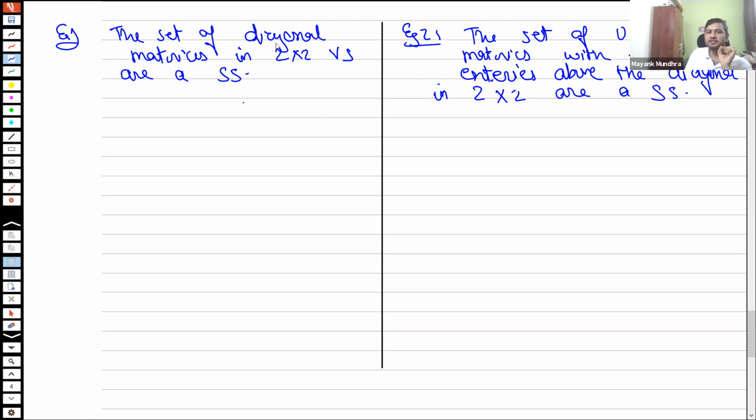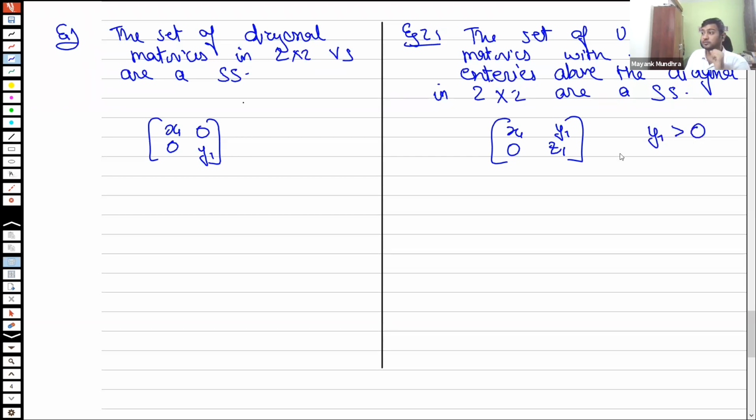Okay, so in the first example, you just have the set of diagonal matrices with some x, 0, 0, x type form. Here you have an upper triangular matrix, which I should write as x1, y1, 0, z1 with y1 strictly positive. This is some vector v1.